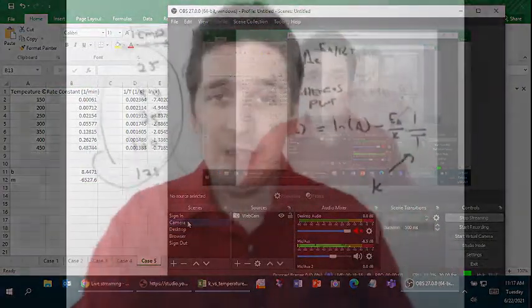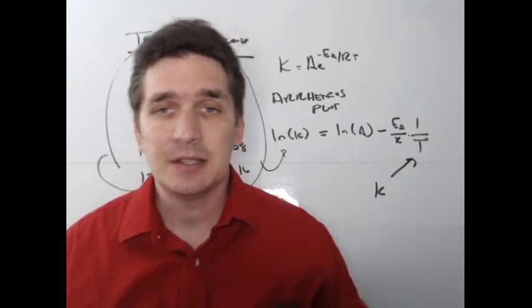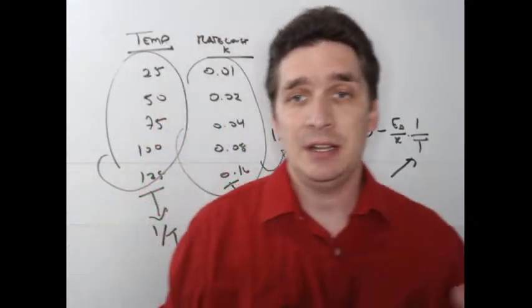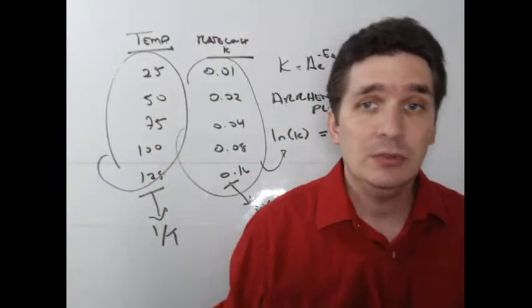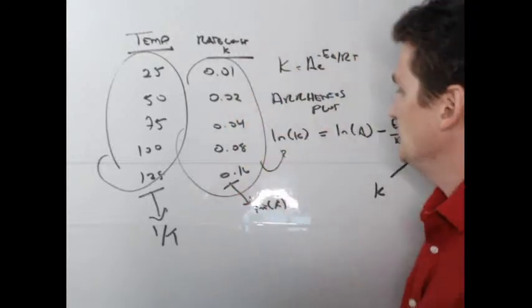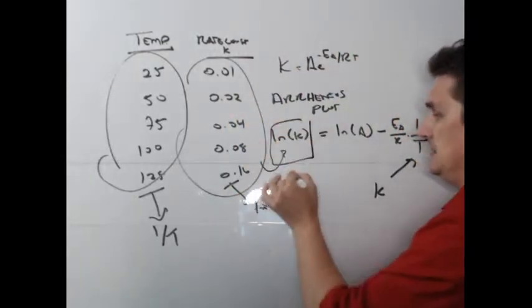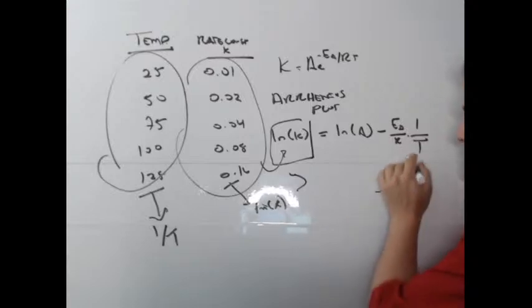So what I'm expecting to see is a straight line. Now, yes, I can generate this data myself, but even experimentally, and I've done these measurements experimentally, you do get a straight line. So your y here is your ln of k, and your x is 1 over temperature.